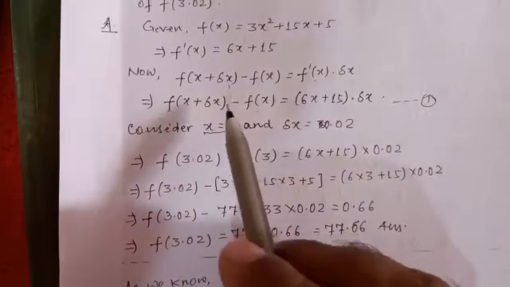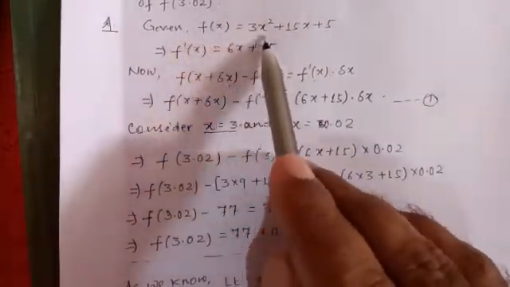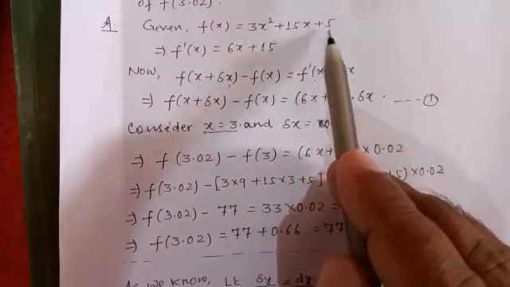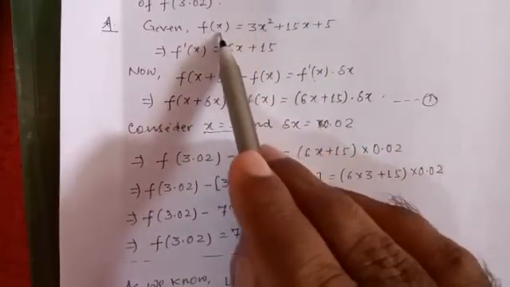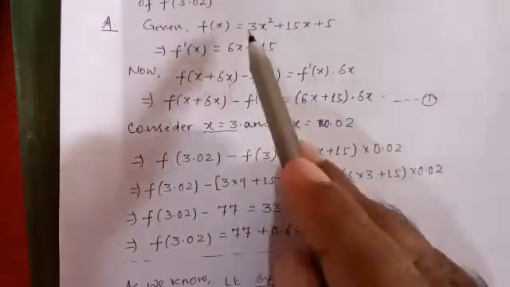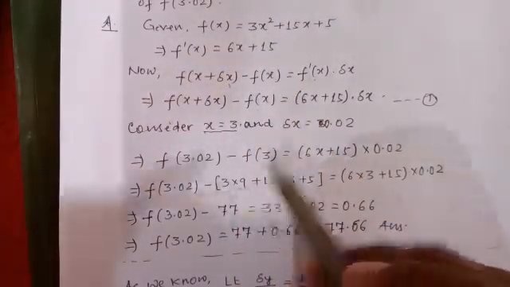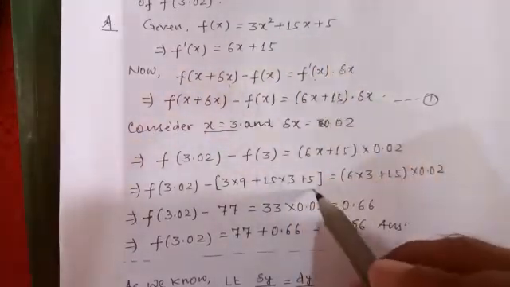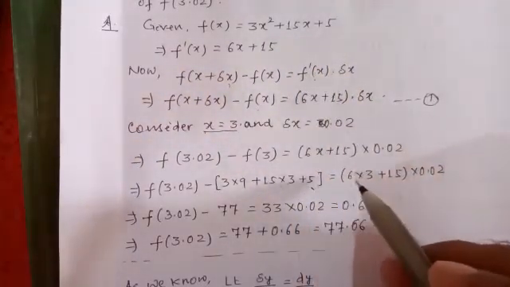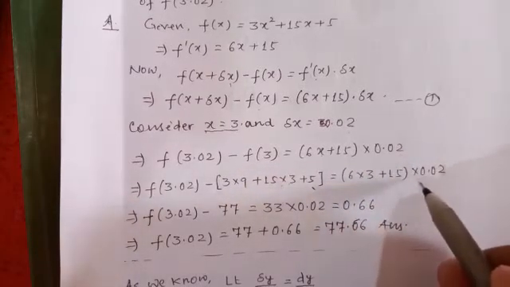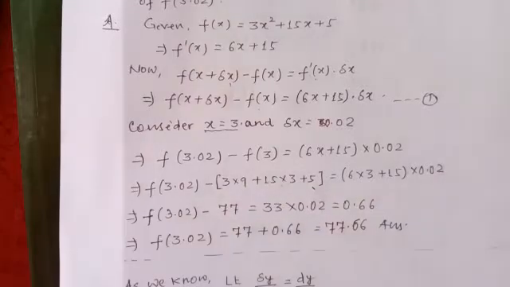Write down, come on to the question, see what is given. f(x) is equal to 3x square plus 15x plus 5. Put x is equal to 3, then we will get f(3). So 3 into 3 square, which is 9, plus 15 into 3 plus 5 is equal to 6 into 3 plus 15 into 0.02. Simplify this one.